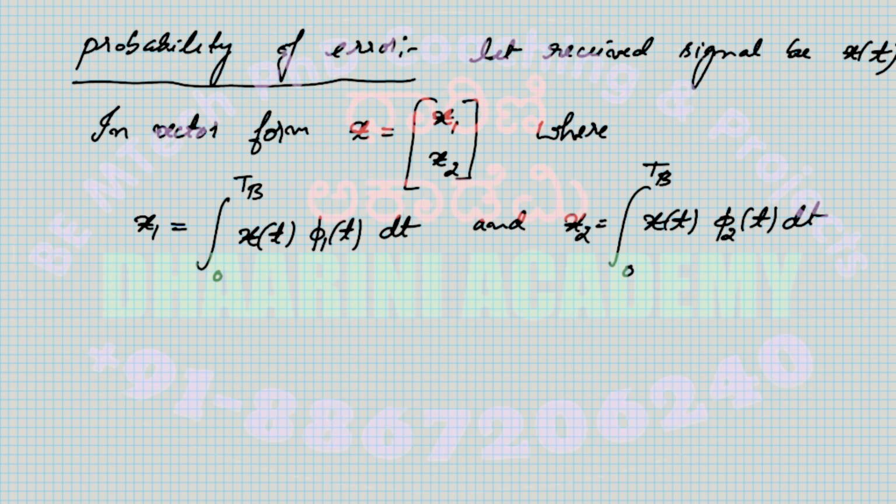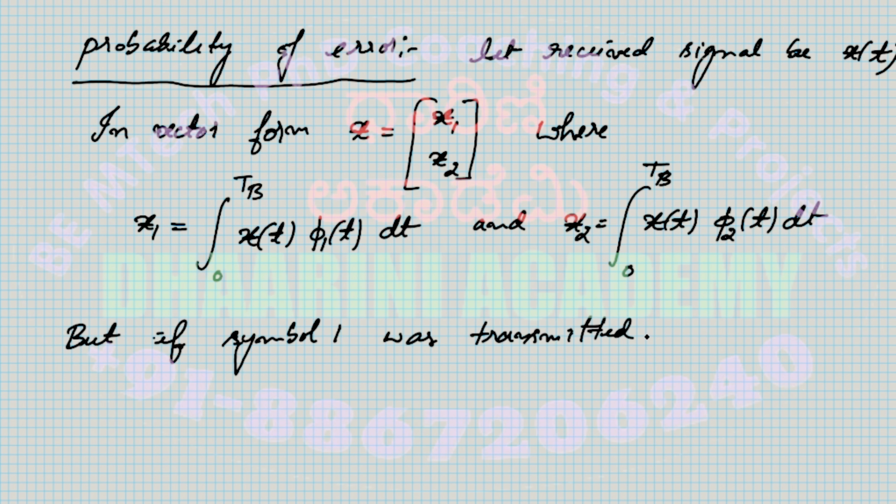Now you see what happens to x of t if 1 was transmitted. If we are transmitting the symbol 1, how do you represent x of t now? x of t should be the first signal, that is S1 of t plus the noise, that is W1.